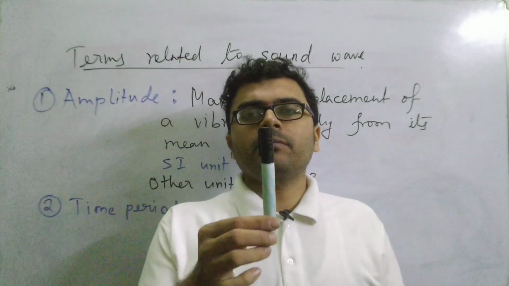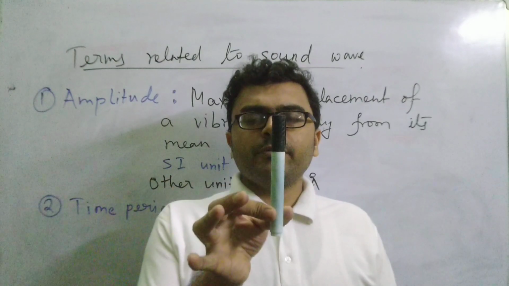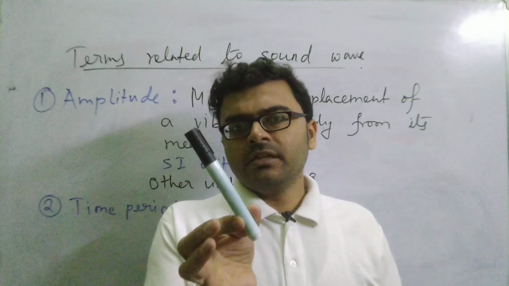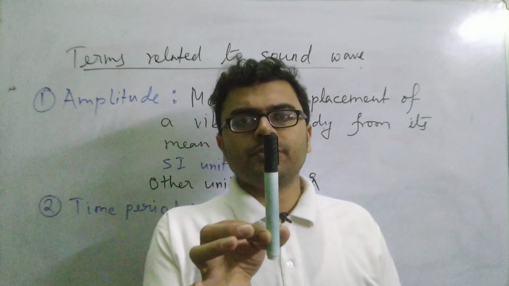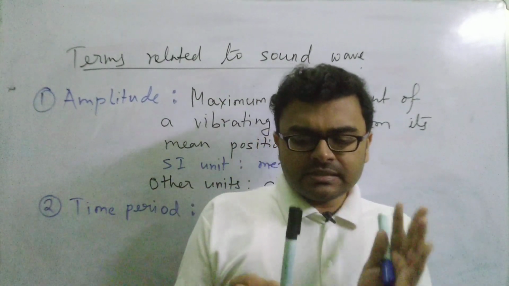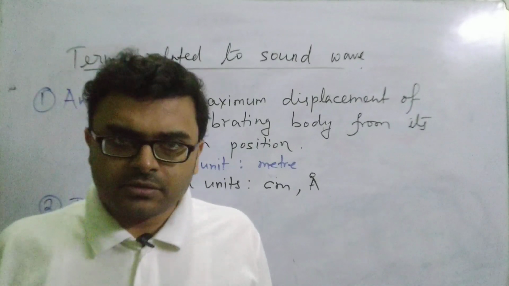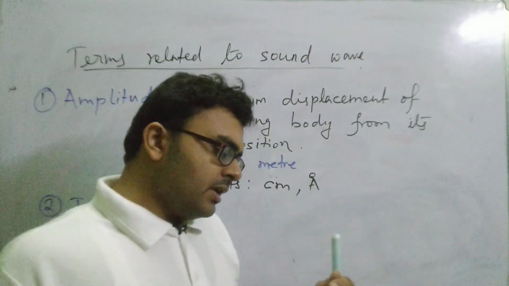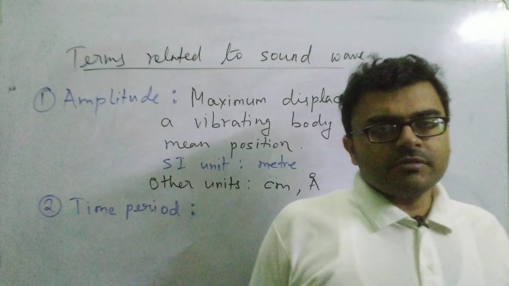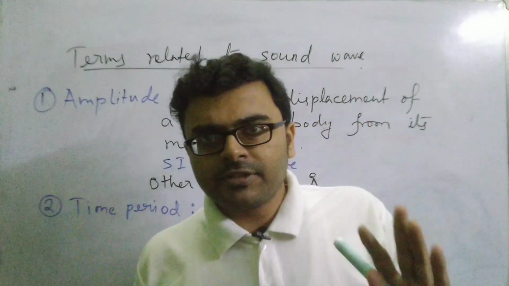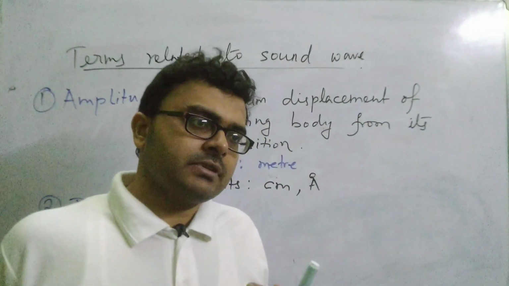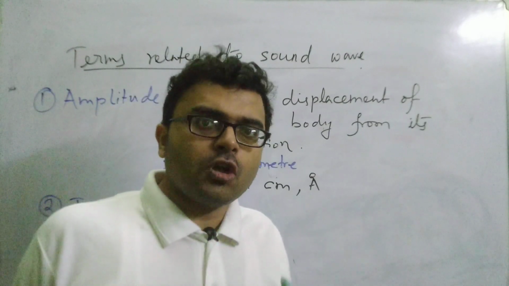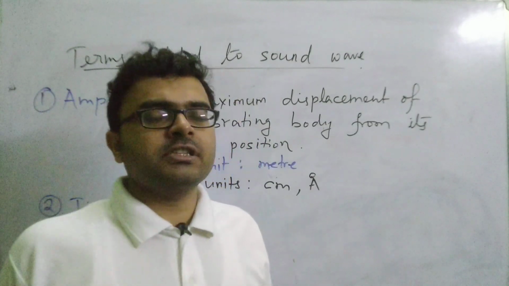If I consider this pen moving left and right, it starts from the mean position, moves to the extreme right, comes back to the mean position, again moves to the extreme left, and then comes back to its mean position. This is called one complete vibration. So it starts from its mean position and comes back to its mean position after one vibration. This takes a certain amount of time. This is the time that the vibrating body takes to complete one vibration, or you can also say one oscillation.